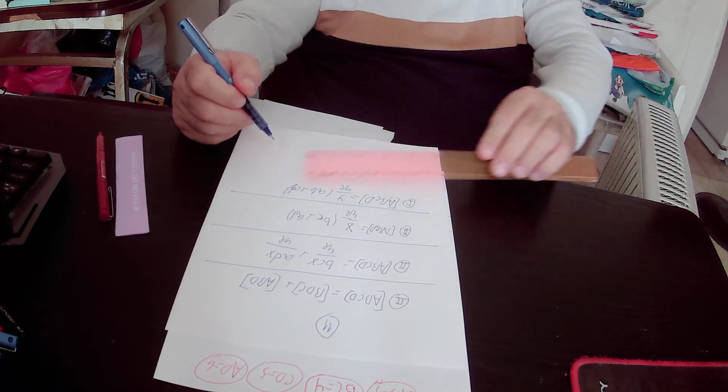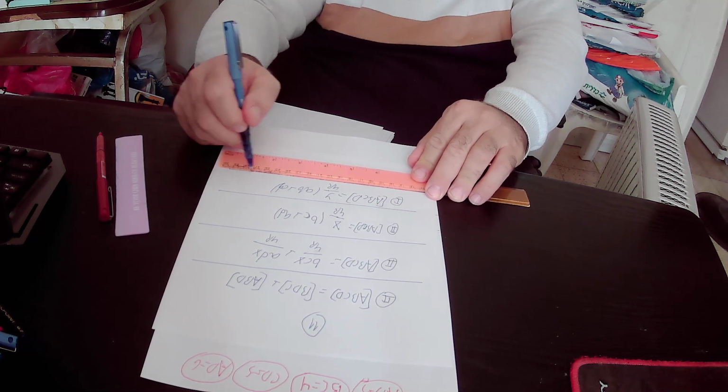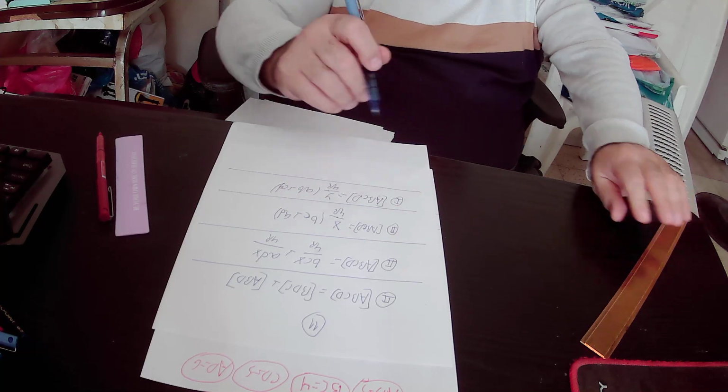So we actually have two different expressions for the area of quadrilateral ABCD.